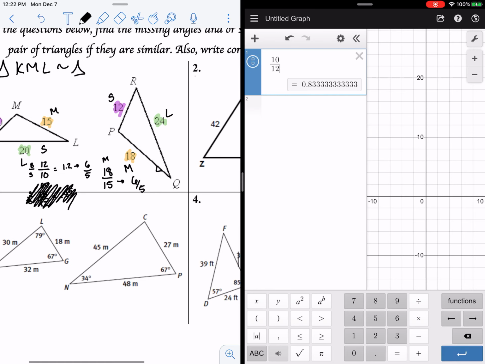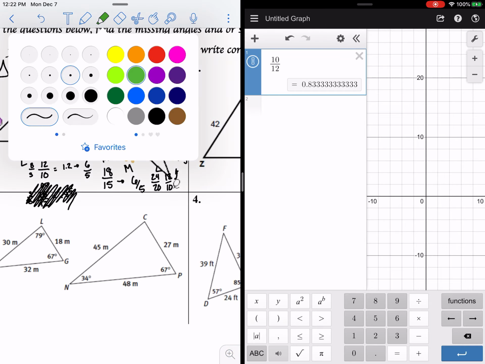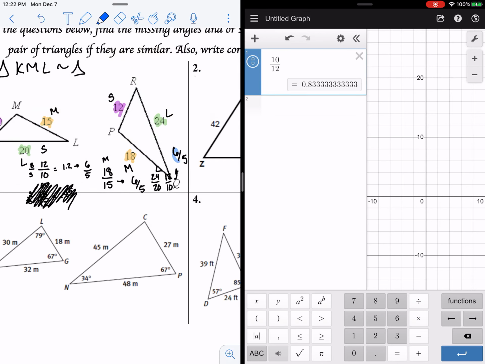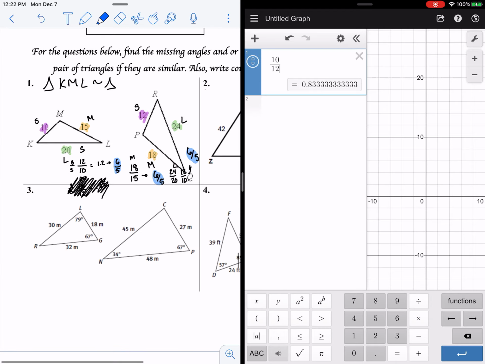So my big, again, 24 over 20. Divide both sides by 2, I get 12 to 10. Divide by 2 again, and I get 6 to 5. Because these ratios, 6 to 5, 6 to 5, and 6 to 5, are all the same, then these triangles are similar.